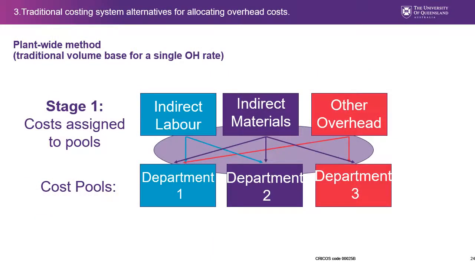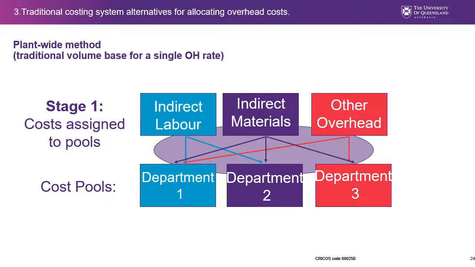But in some cases, you have variance across products and you might need to refine your costing system. Instead of using a plant-wide rate, you then calculate departmental rates and allocate your costs from departments using different cost drivers.